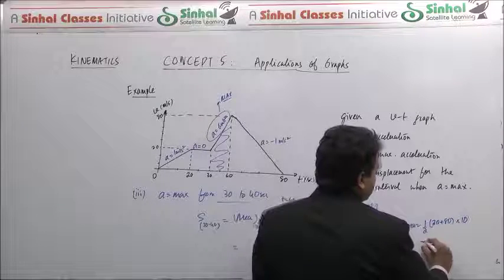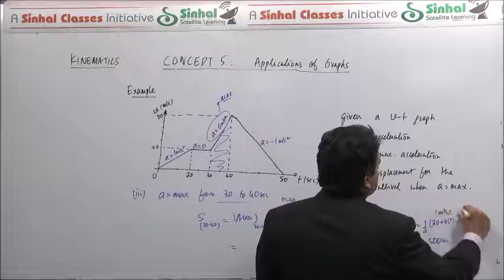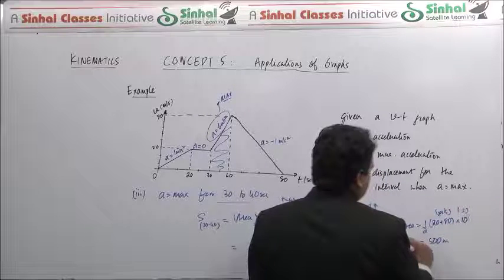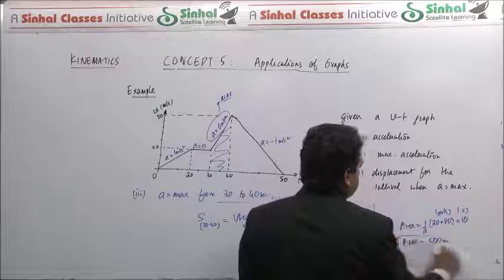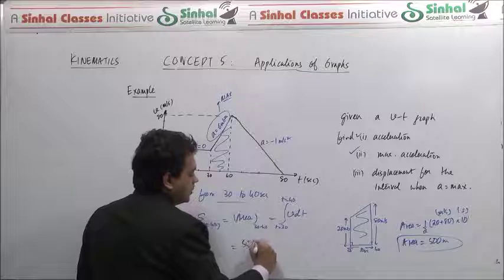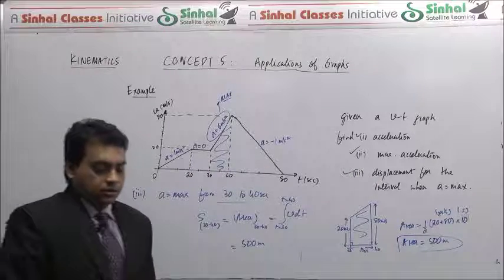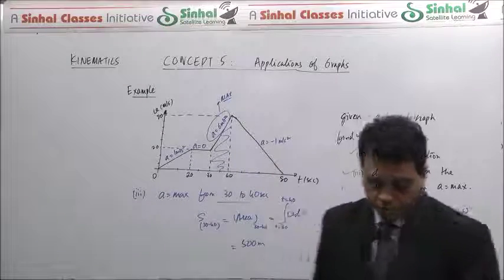So as you can see, this becomes 500 meters, because this is in meters per second and this is in seconds. So this area becomes 500 meters. So that displacement from 30 to 40 becomes 500 meters. Alright, so just make sure you understood this.